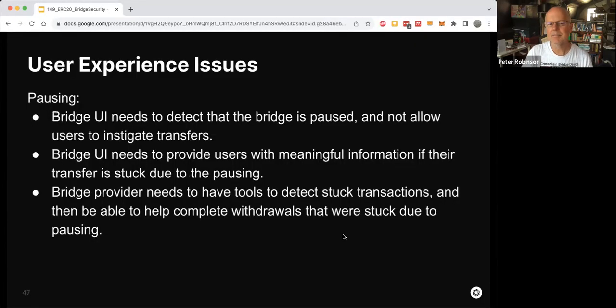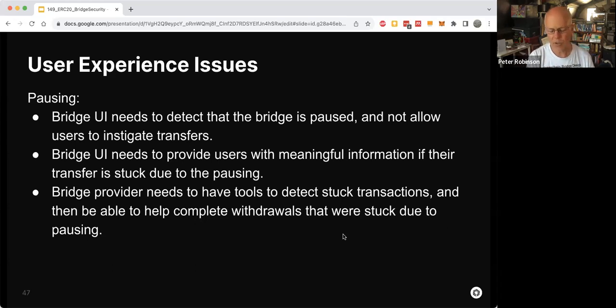However, the user experience of all of this is really complicated. Imagine you've got your mobile phone there at 1:30 a.m. on Christmas Day, and you're trying to do a withdrawal on the bridge for the blockchain, and someone has just hit pause. How do you surface that to a user so that they know that their withdrawal in process has been locked because the bridge is paused?